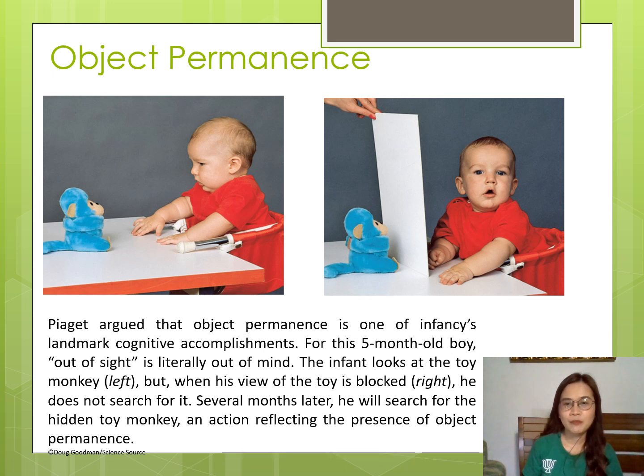So, for this 5-month-old boy, out of sight is literally out of mind. So, pag nawala na sa paningin ng baby ang isang object, literal na wala na yun. So, hindi niya na yun hahanapin, hindi yun mag-stay or mag-exist sa mind niya.